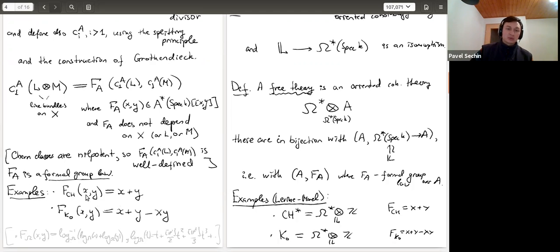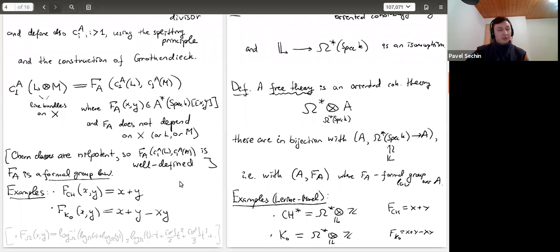For Chow groups, I guess everybody knows that the first Chern class is additive, and so the formal power series that we get here is x plus y. And it's not hard to compute it for K0 and to see that it's not x plus y anymore, but there is an additional term here. So it's not yet an indefinite formal power series, but you can already see that it's not just x plus y.